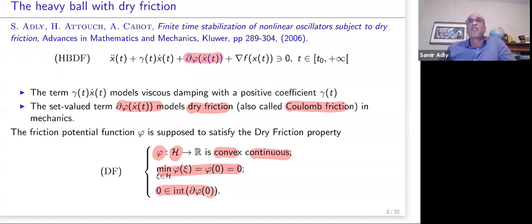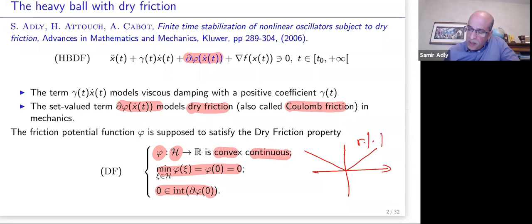And 0 is in the interior of the subdifferential of phi at 0. Typically, this is a function like r times the absolute value or the norm, okay? Typically, this is our example of dry friction that we will use in this talk, okay?